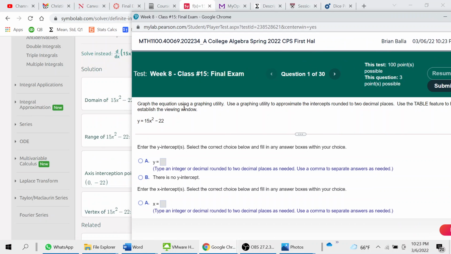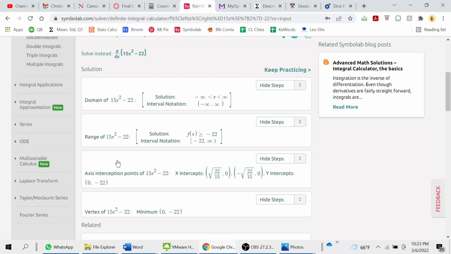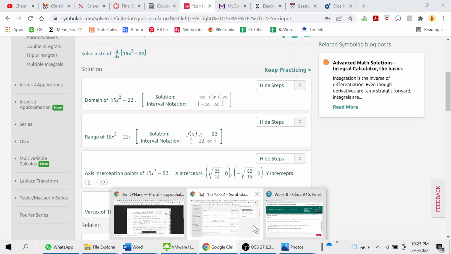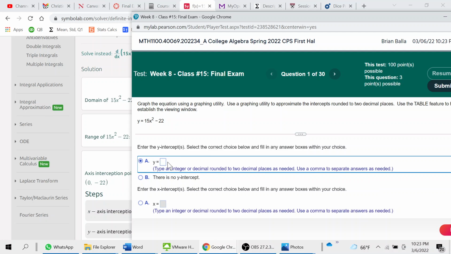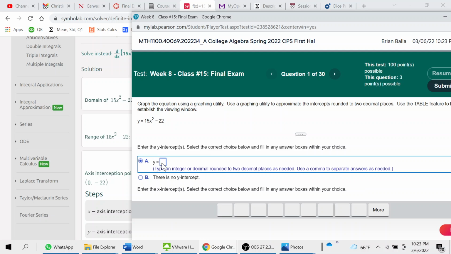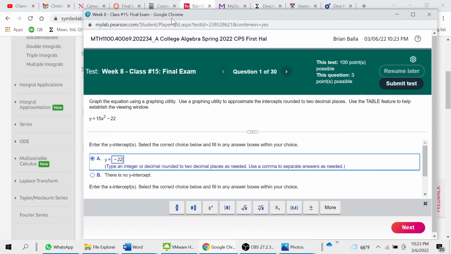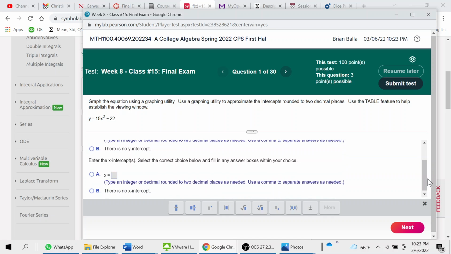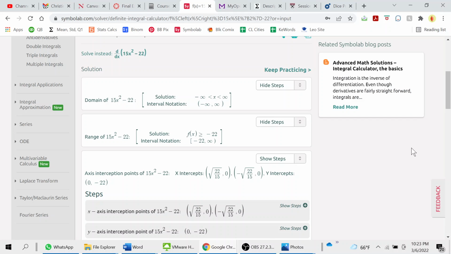The y-intercept is negative 22. X-intercept.